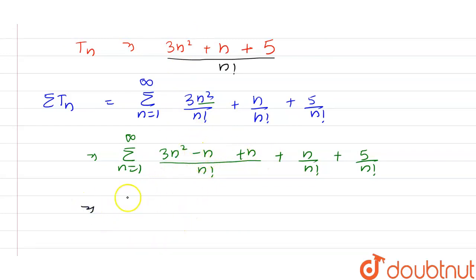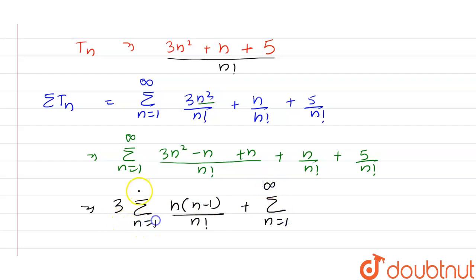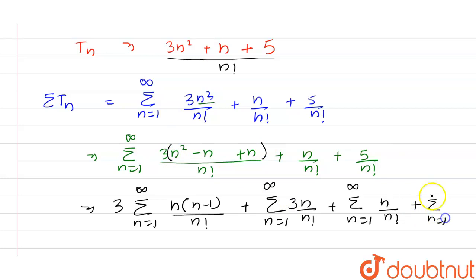Now if we take n common, we get 3 sigma n into n minus 1 upon n factorial plus sigma n is equal to 1 to infinity n upon n factorial plus sigma n is equal to 1 to infinity n upon n factorial, here 3, plus sigma n is equal to 1 to infinity 5 upon n factorial.